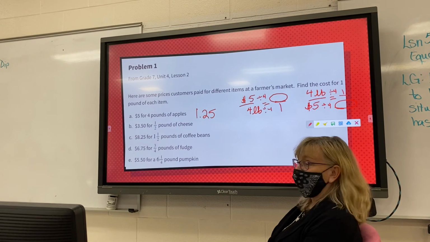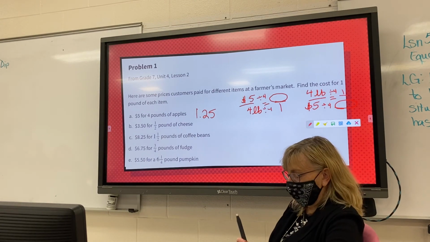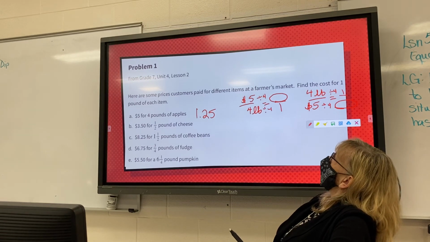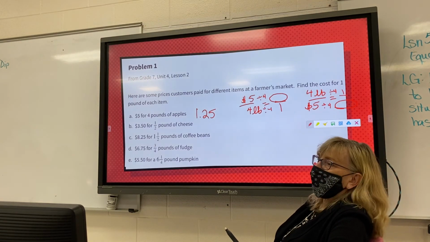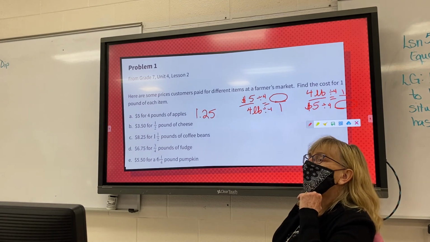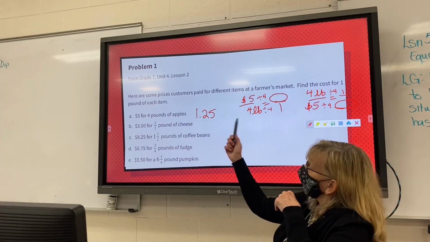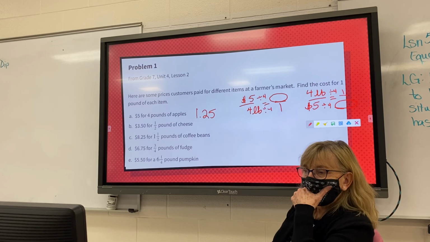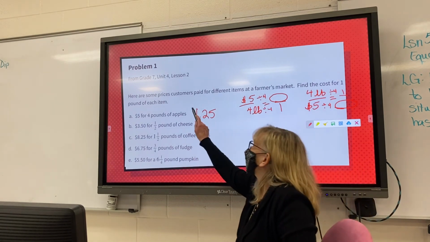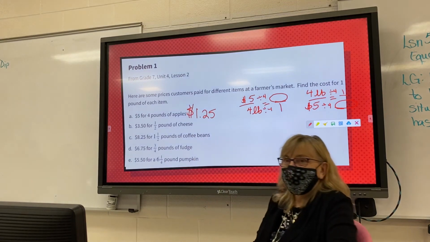Okay. So when you do that, what does your calculator say? Do 5 divided by 4. 1.25. Okay, so why am I saying that's wrong? You have to put $1.25. Nice. The money sign.